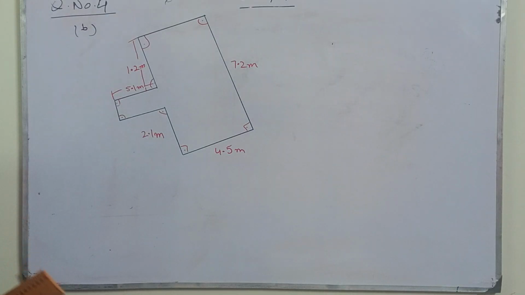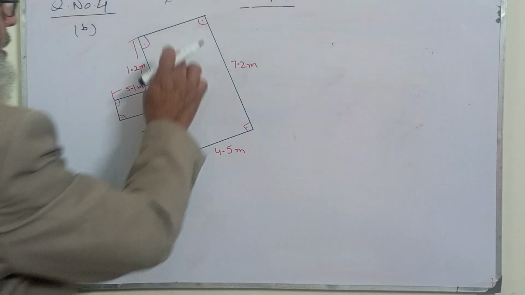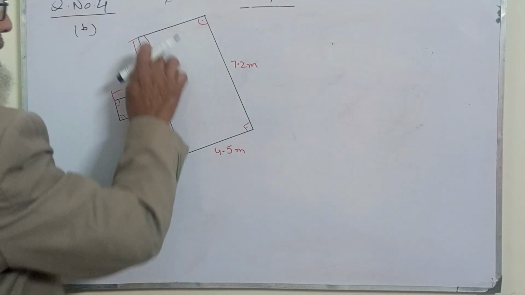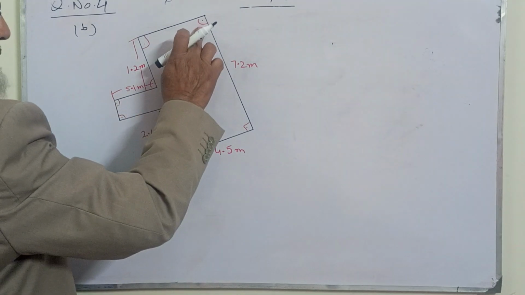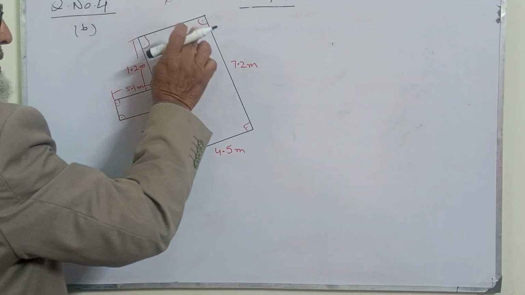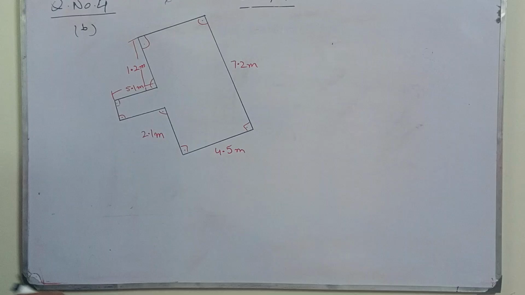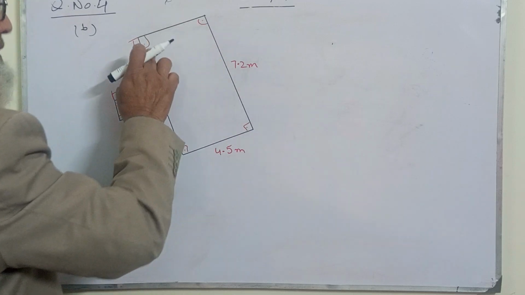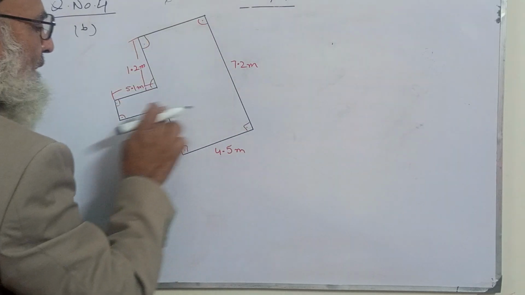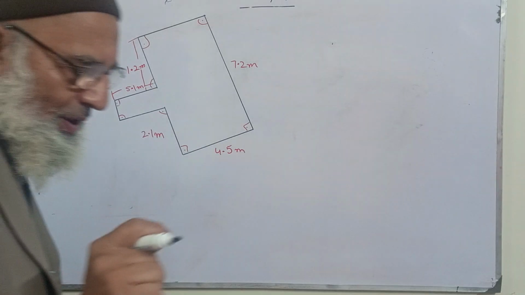Now, dear, this is a very easy question. Again, you see there are two rectangles. To know why these are rectangles, you see that these perpendicular signs are given in this figure.